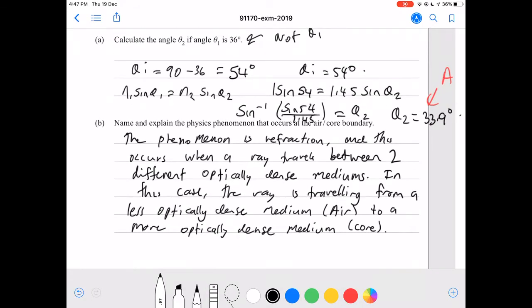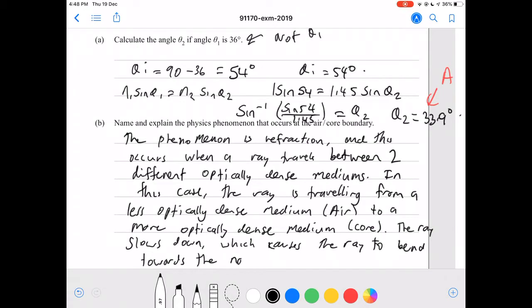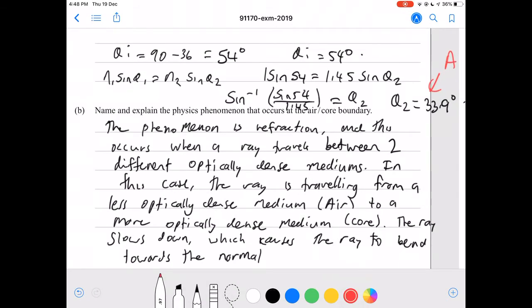And you can talk about the ray slowing down, which causes the ray to bend towards the normal. And that will be your answer for this question.